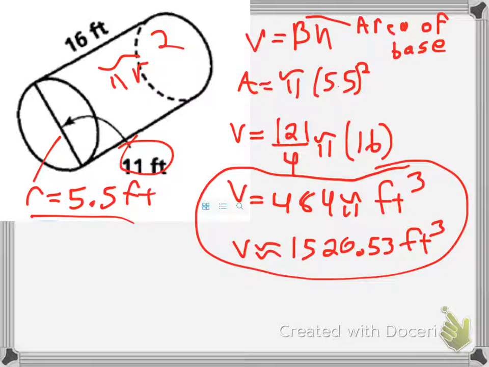So we do 5.5 squared times pi is 121/4 pi times 16 for our volume. Just took the area, plugged it in for B, and it gives me volume equals 484 pi feet cubed. That's approximately 1,520.53 feet cubed.